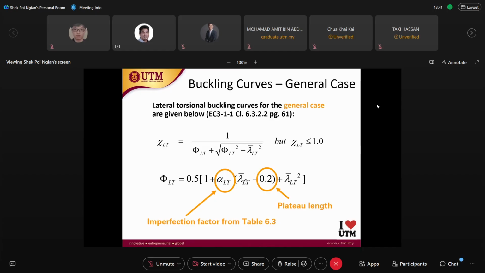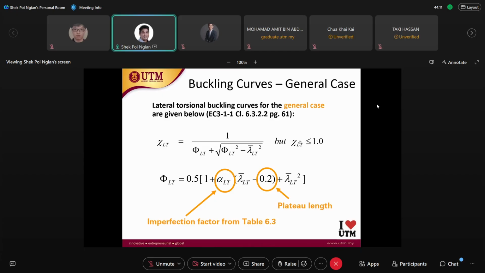If your lambda LT bar is 0.2 or less than 0.2, your reduction factor will be 1.0. You can stop calculating the reduction factor because it will become 1.0, meaning that lateral torsional buckling will not occur.